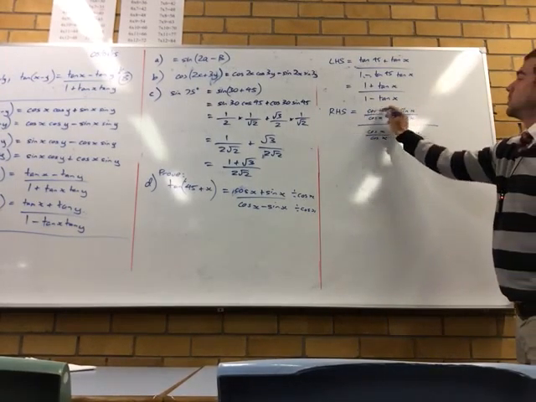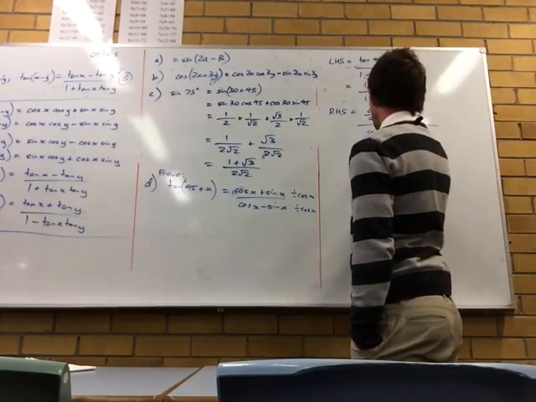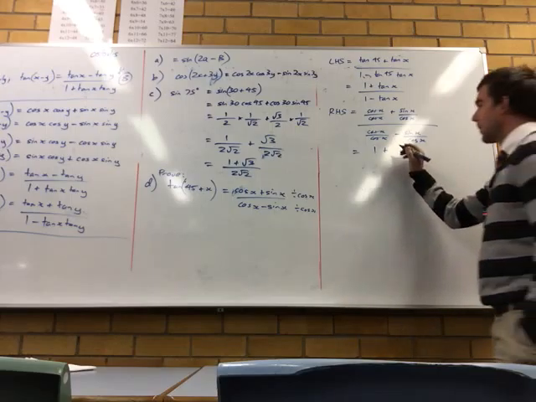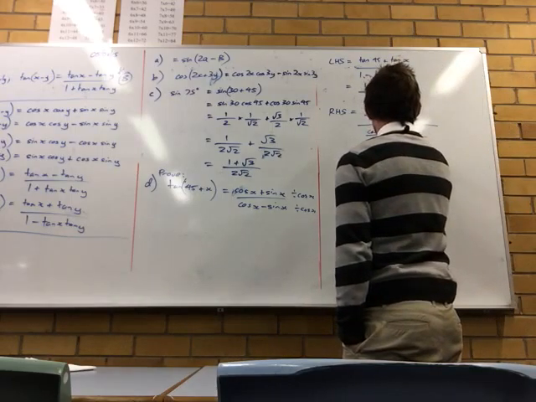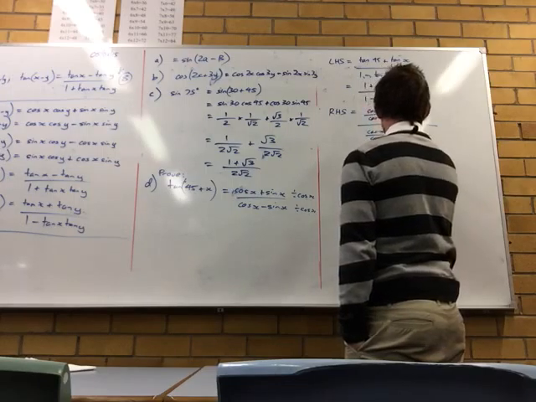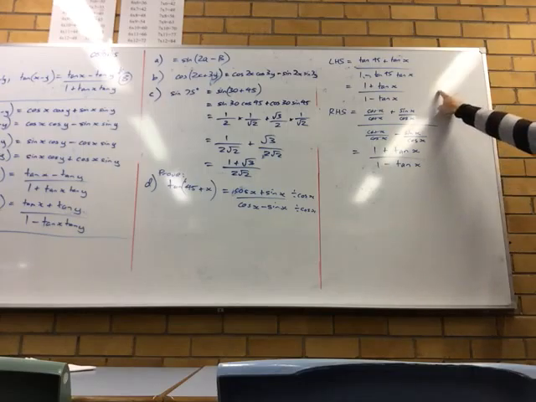Alright, so the cos x cancelled. 1, and then what is sine of x over cos of x? Tan x. Identity number 3. Oh, look at that. Which is now what I've got up to on my left hand side.